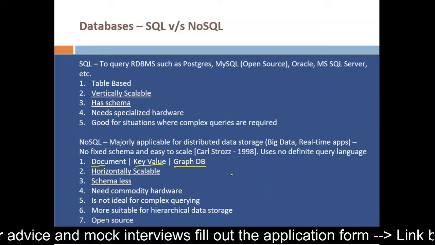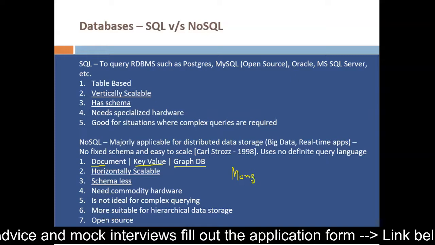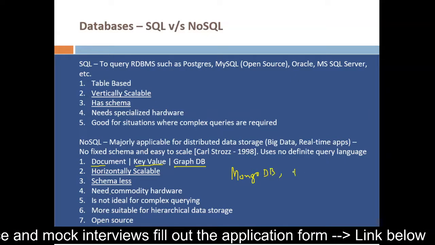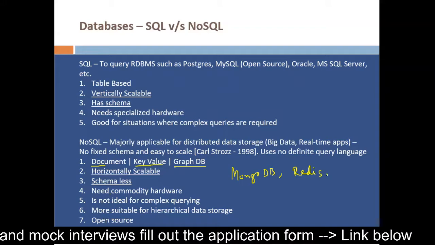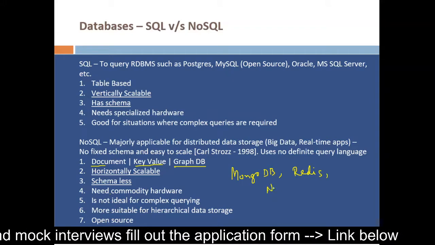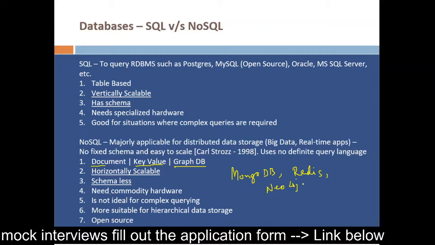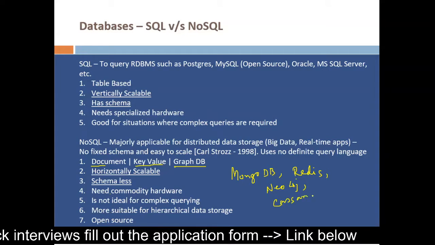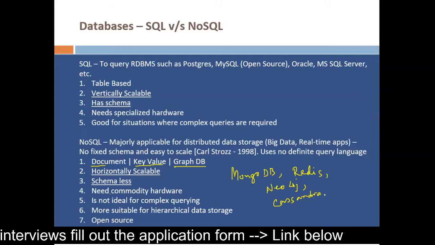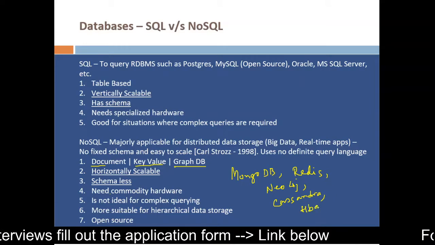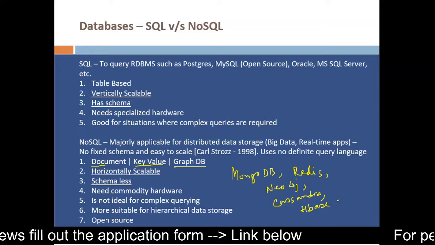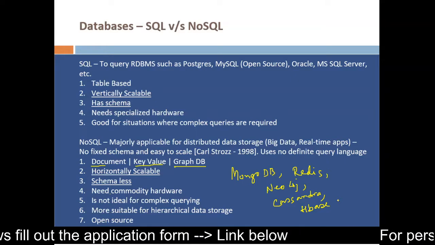Some of the popular NoSQL databases are MongoDB, Redis, Neo4j, Cassandra, and HBase. These are some of the extensively used and most popular NoSQL databases.